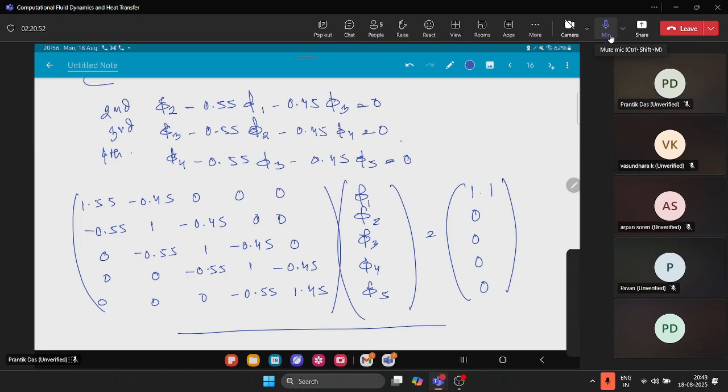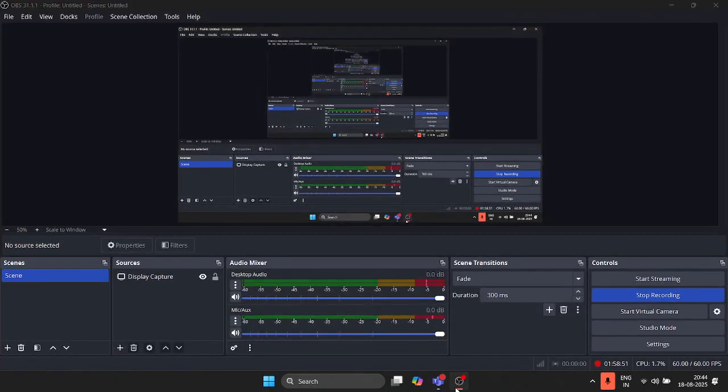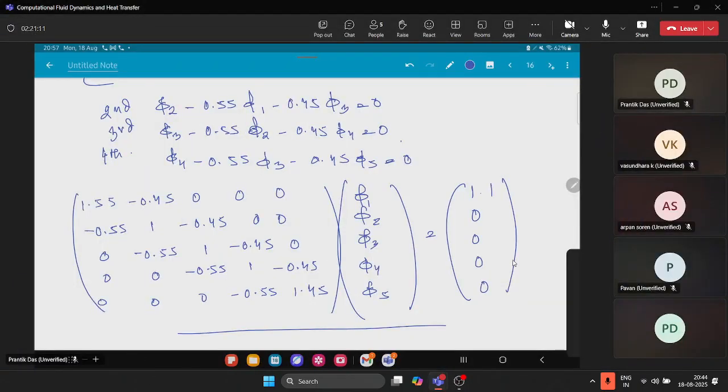Only the way you discretize the equation depends on the discretization scheme you are using. Is it clear to all of you? If you have any question, you can ask me.